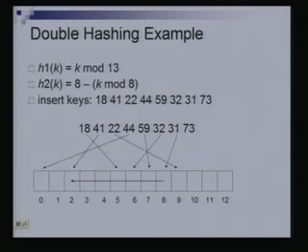That's occupied. So 2 plus 7, 9. That's also occupied. 9 plus 7, 16. 16 mod 13 is 3. So it goes to this location which is unoccupied. So it ends up here. Okay? So this is how the elements would be distributed in the table. Is this clear to everyone?